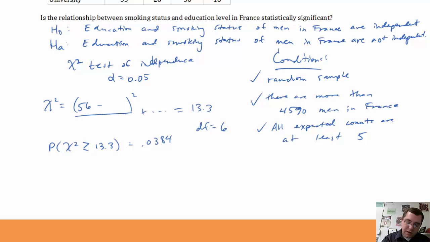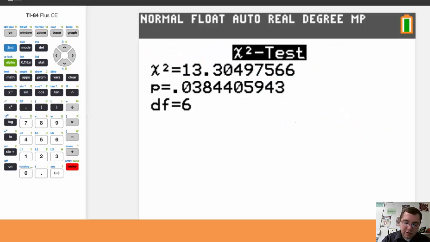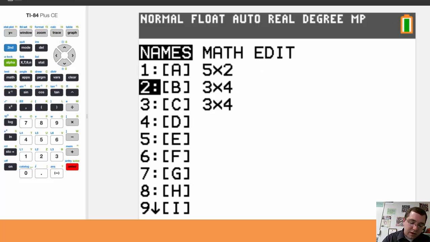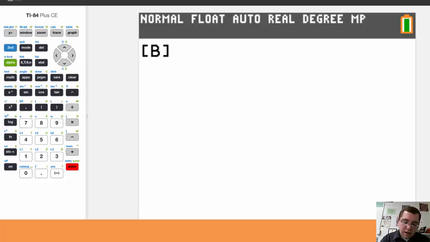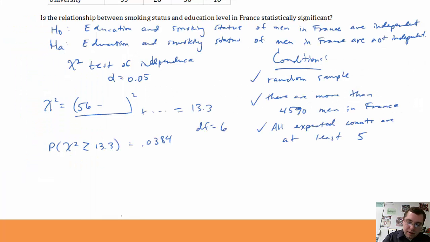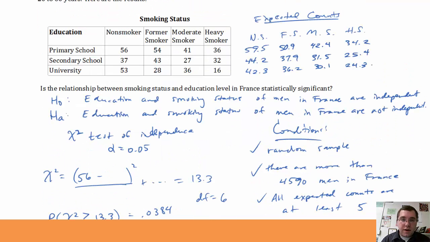Okay, now I need to write down what those expected counts were. So I need to go snag them from matrix B. So I'll go second matrix, and I'm just going to take a look at matrix B, click enter, and there they all are. I need to write those down. So 59.5, and there they are.